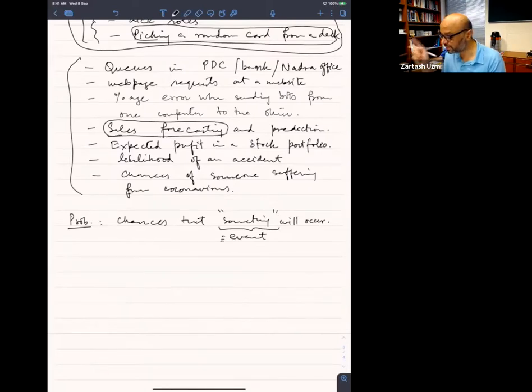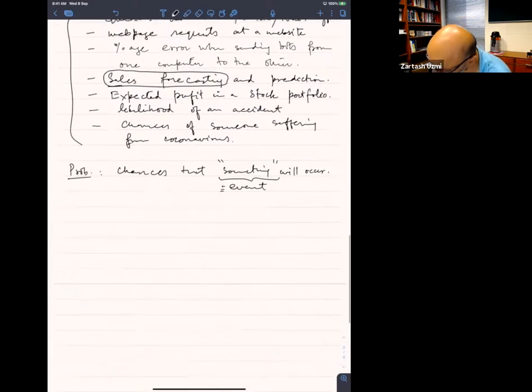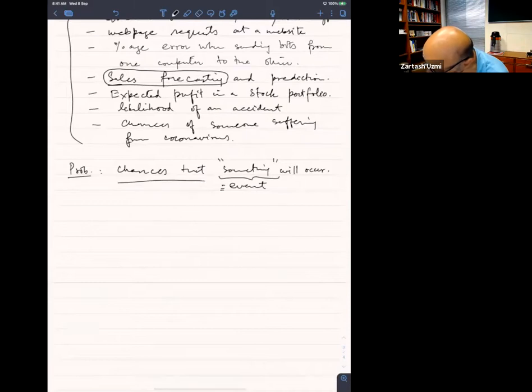If you see the number 6, that's an event. That is something that will occur. What are the chances that it will occur? It is 1 out of 6, because the dice has 6 faces, and each one of them is equally likely. So chances that something will occur.